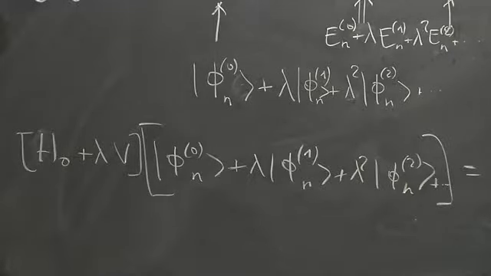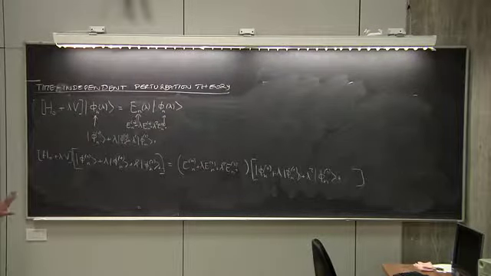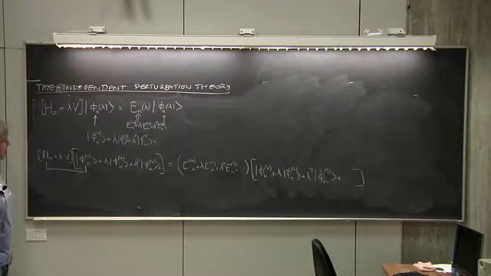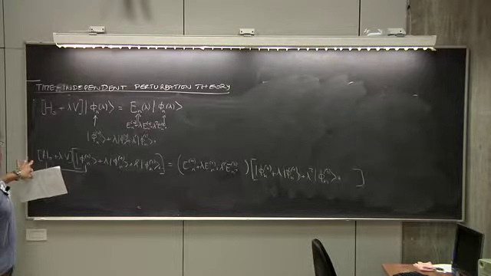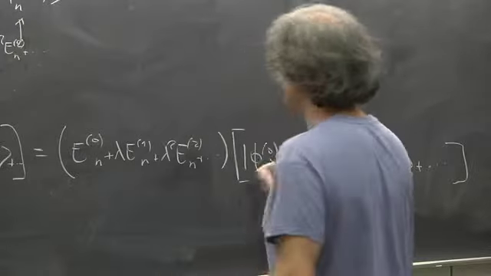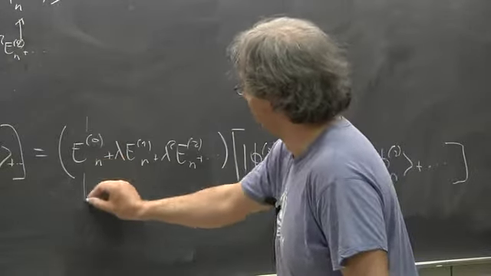And now I should look for equalities order by order. So for instance, let us start with zero order in lambda. So things in which there is no lambda. Obviously on the left there is only one such term, and on the right the only thing that has no lambda is this.